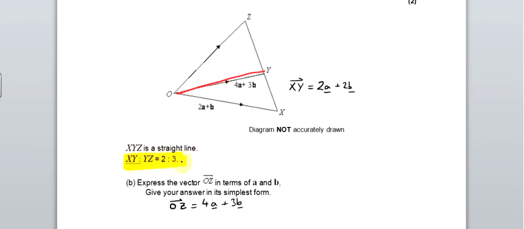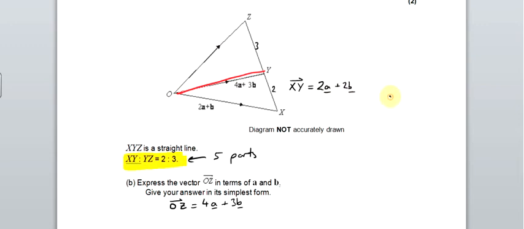So the line, there are 5 parts here, and what this is telling us is the xy part is 2 parts and the yz part is 3 parts. So this is 2 parts long and this is 3 parts long. Now if we look at the xy part, it's 2a plus 2b.